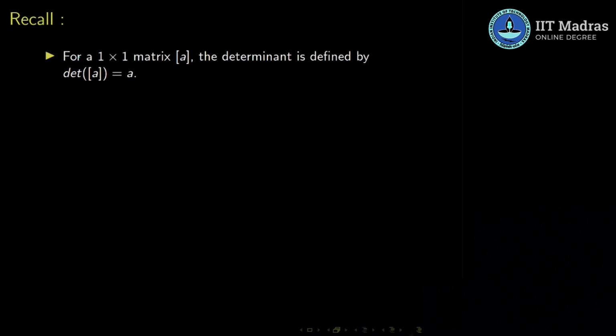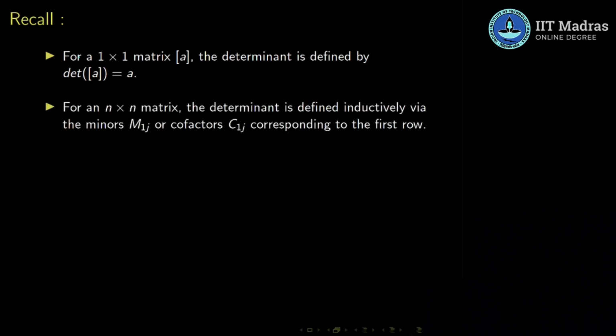We have defined for a 1 by 1 matrix that the determinant of the matrix A is just the number A. And then we have seen that for an n by n matrix, the determinant is defined inductively. So, we did the definition explicitly for 2 by 2 and 3 by 3, and then I showed for 4 by 4 how I can use a 3 by 3 definition.